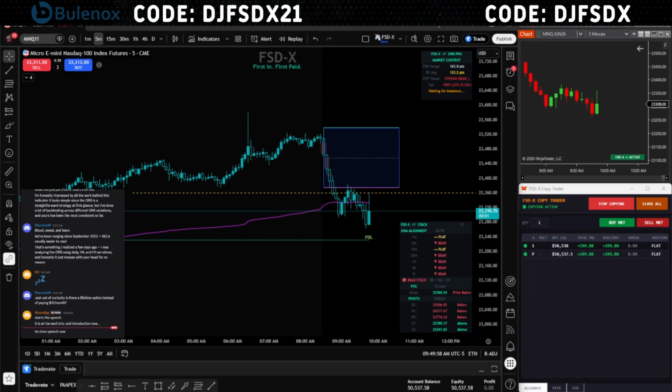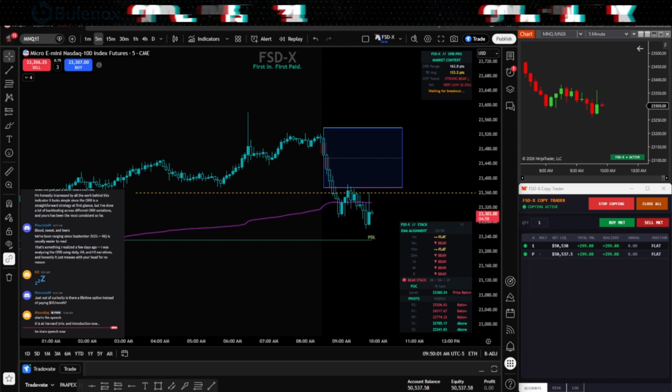Yeah, it looks like we bounced off point of control, pushing through VWAP again.